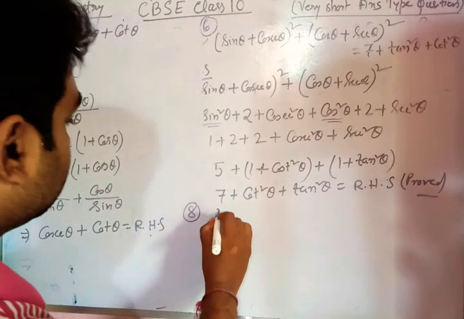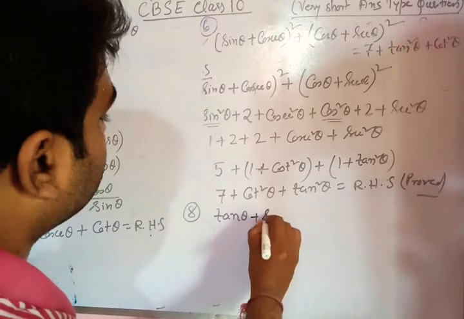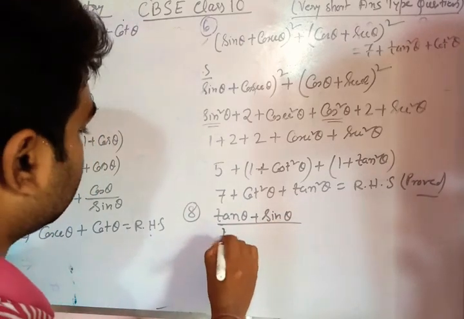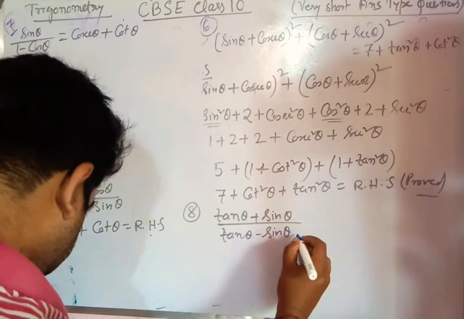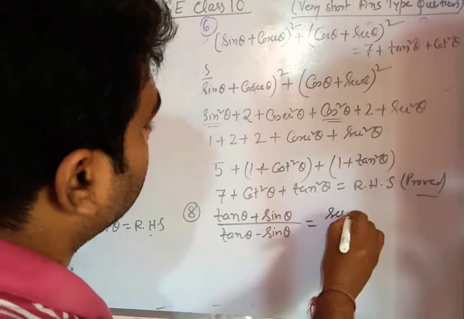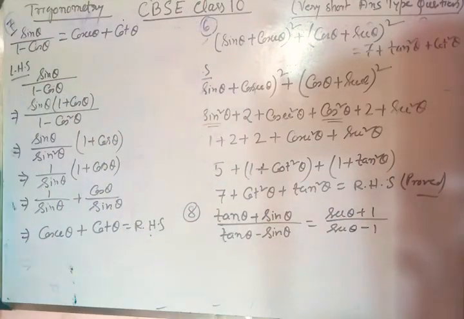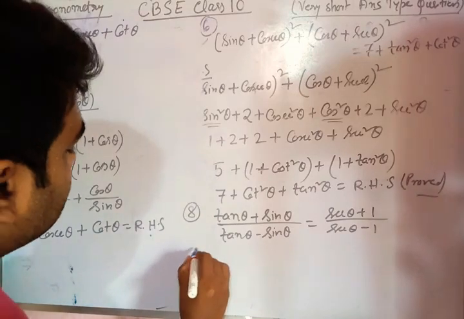Okay, next move to another question. I am taking here that (tan theta plus sin theta) divided by (tan theta minus sin theta) is equal to (sec theta plus 1) by (sec theta minus 1). That's what we have to prove. Okay, so let us take LHS.